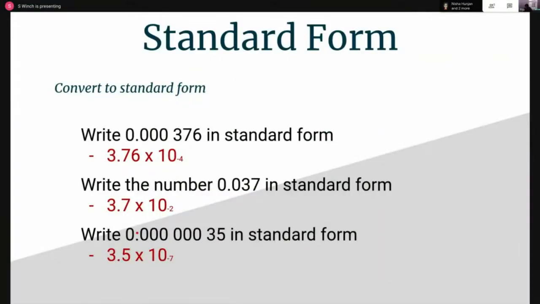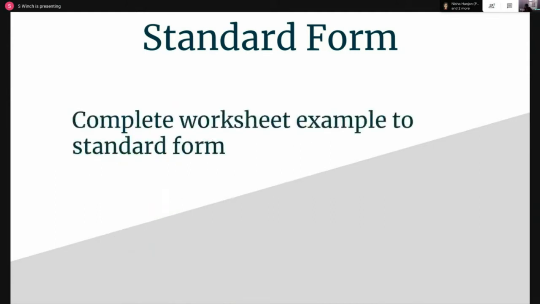So what I'd like to do, we're halfway through, so I'm going to now give you a couple of examples on the screen as to how to write questions into standard form. Now you will get 3 types of questions in relation to standard form.